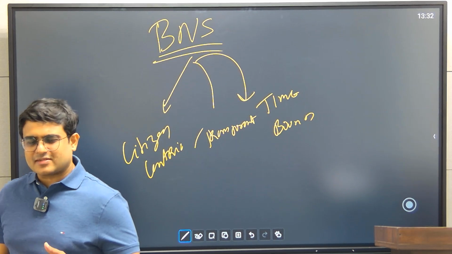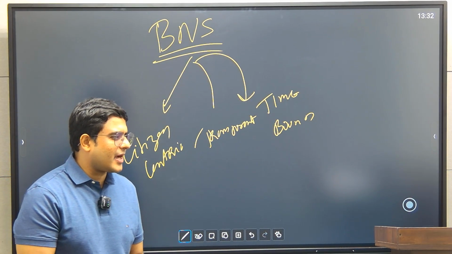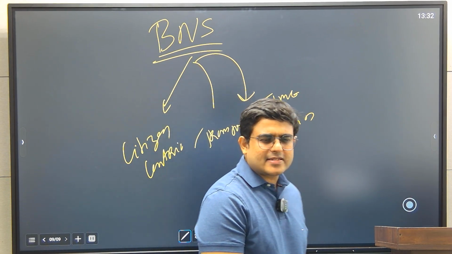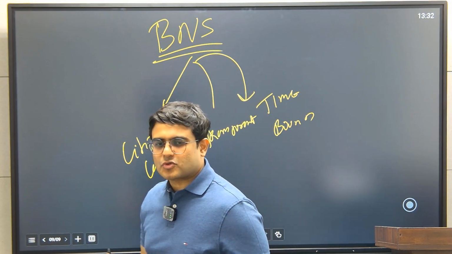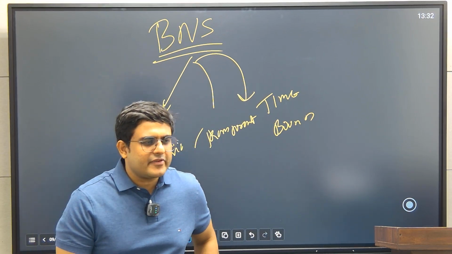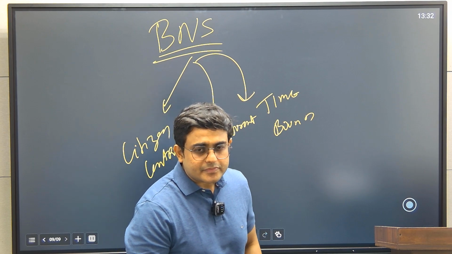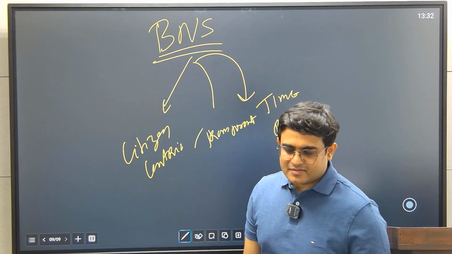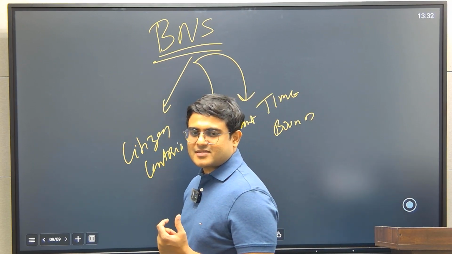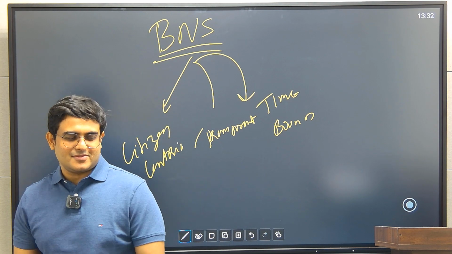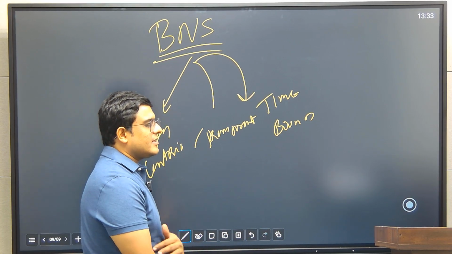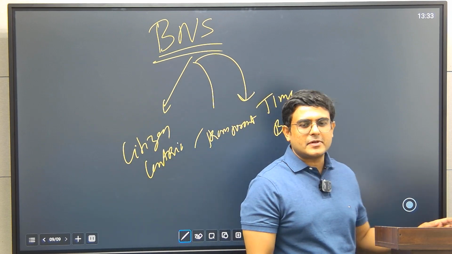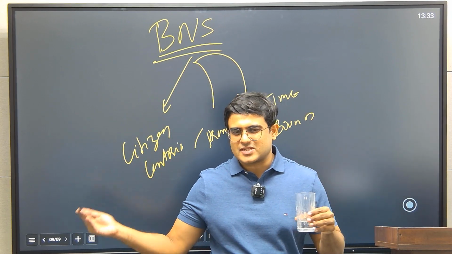Of course, three laws were replaced: the IPC by the Bharatiya Nyaya Sanhita, the CrPC by the Bharatiya Nagarik Suraksha Sanhita, and the Indian Evidence Act by the Bharatiya Sakshya Adhiniyam. So this was the radical transformation, and it also integrated various branches of the criminal justice system, judiciary, prosecution, etc.